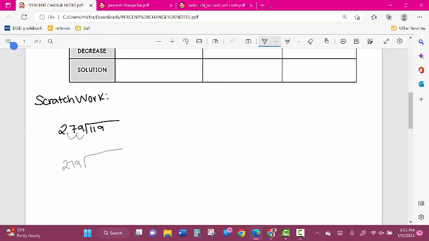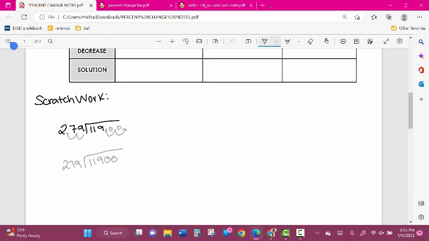So if I move the decimal twice on the outside, I have to move the decimal twice on the inside. There's not a decimal that I see on the inside because that's a whole number, and decimals are at the end of whole numbers. So we'll move the decimal 2 times over. In blank spots, we can put zeros. So that's going to be 279 into 11,900.